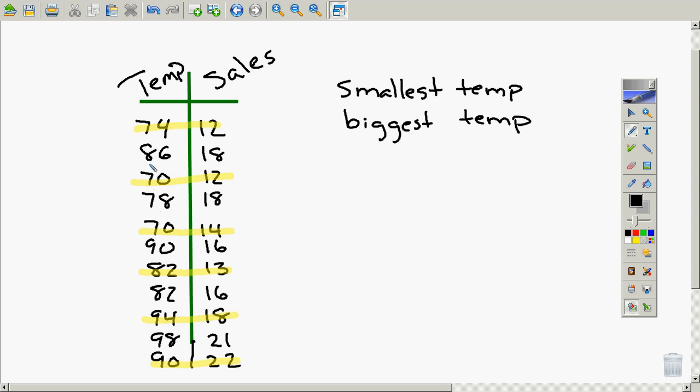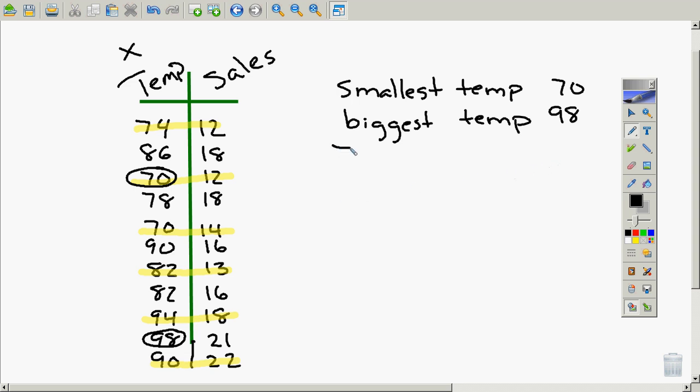So the smallest temperature we have here looks like 70. In fact, we see it a couple times. And our biggest temperature, it looks like one day it got up to 98. This is the x-axis data. So on your x-axis, you need to go from 70 to 98 at least.